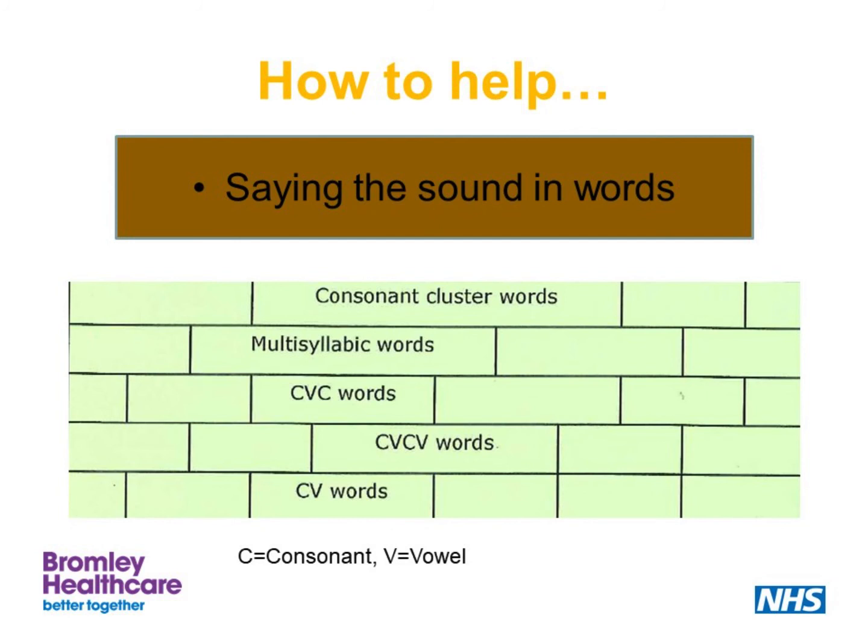For example, if you're working on k, then kuka. Once a child has mastered these types of words, then you can practice CVC words. For example, if you're working on k, then coat, case, for example, and then finally longer multisyllabic words.